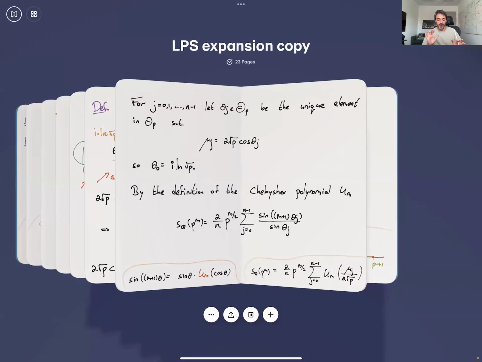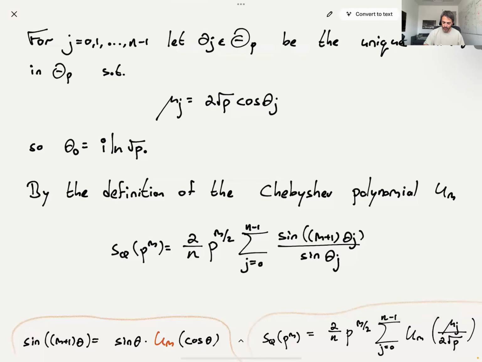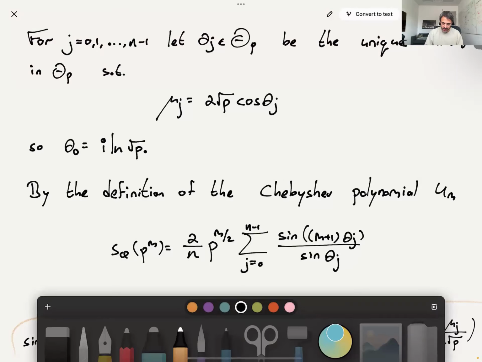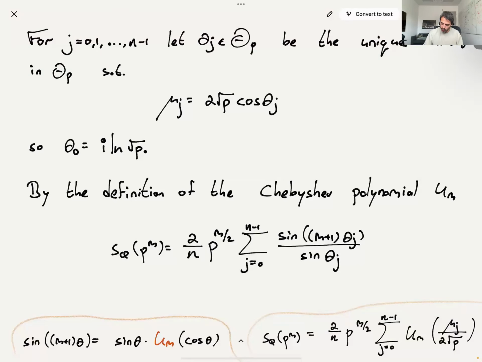So we have this, and by the definition of the Chebyshev polynomial U_m, that's what I started to do before. When I move things around, we know that S_Q of p to the m is this thing. But I want to express this in terms of not the mu's, but the thetas. So recall that U_m has this property: U_m of cosine theta is defined to be sine of (m plus 1) theta divided by sine theta.